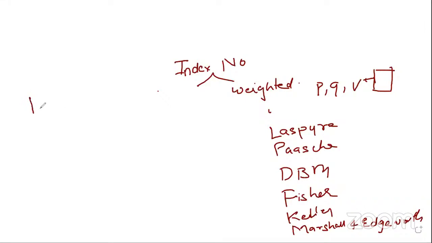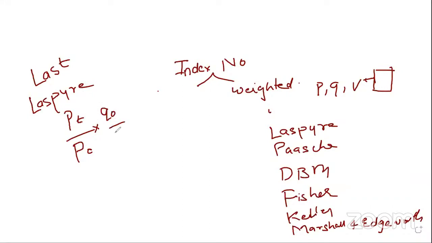Now Laspeyres is under weighted index. Weight means what? We have Pt by P0, which is common for everything. Now to this we add certain weightage. Laspeyres price index is Pt by P0 into Q0 by Q0.